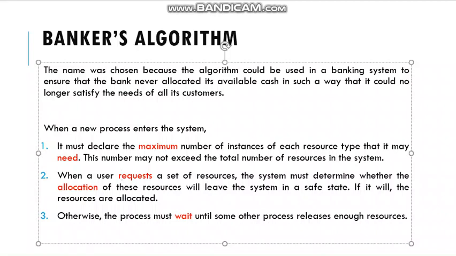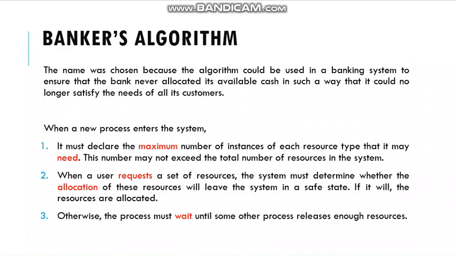If the resources are available, they are allocated to the process. Otherwise it must wait. Waiting is actually okay instead of making other processes go into deadlock. That's why it is named deadlock avoidance.